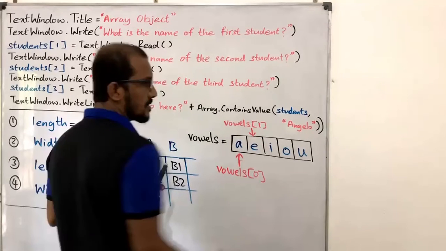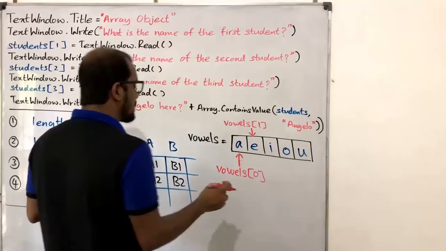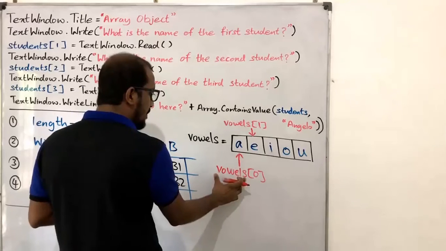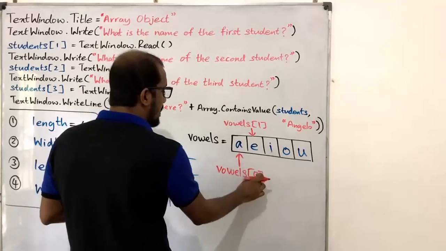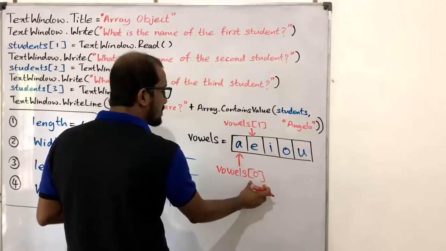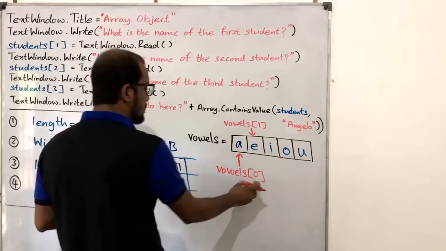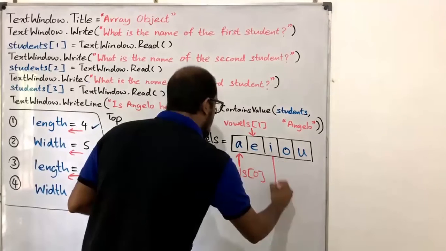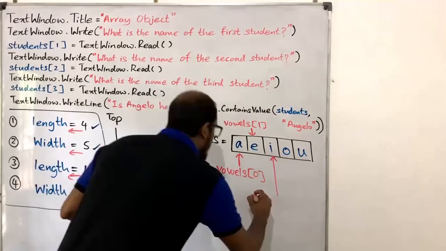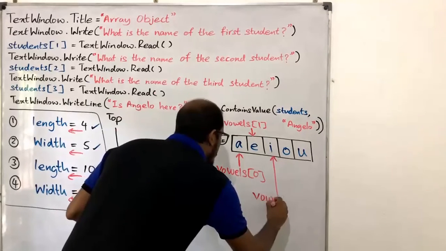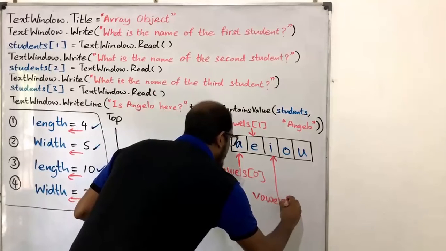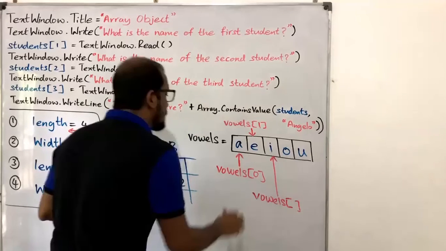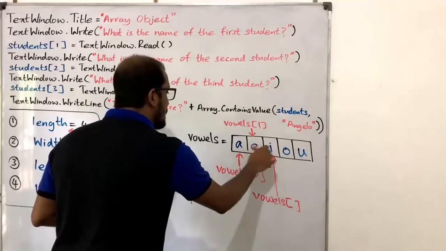Normally the structure of the address is the array name and the particular value's position inside square brackets. So the address of this value is written as the array name vowels and, within square brackets, 0. This one is 0, this is 1, now this is 2, likewise.